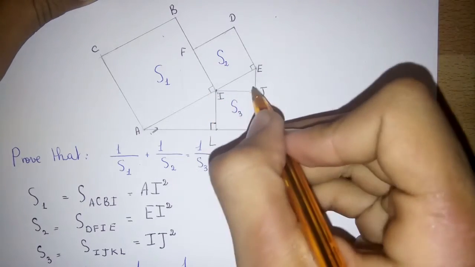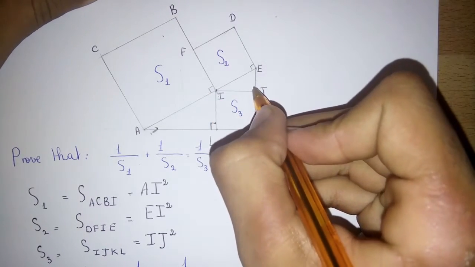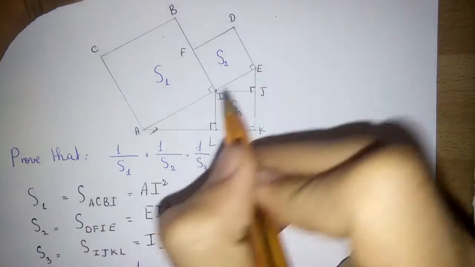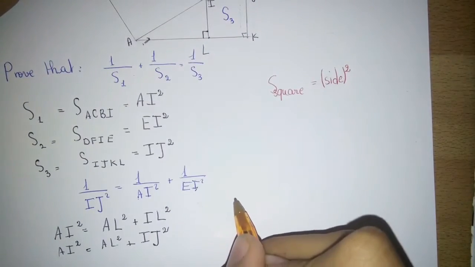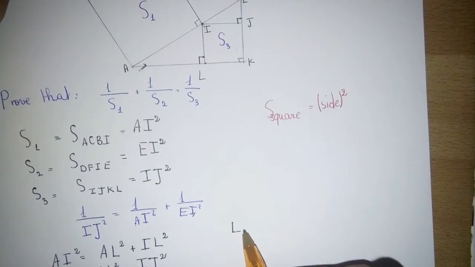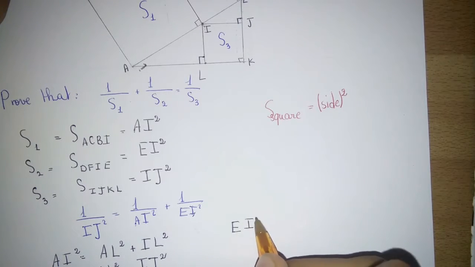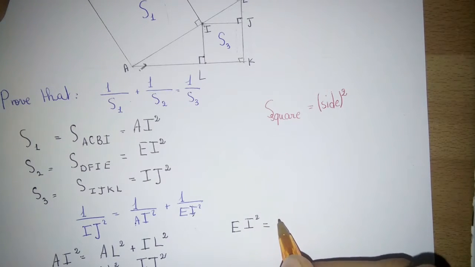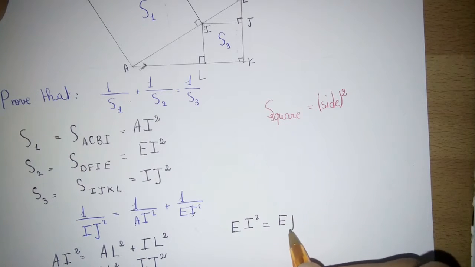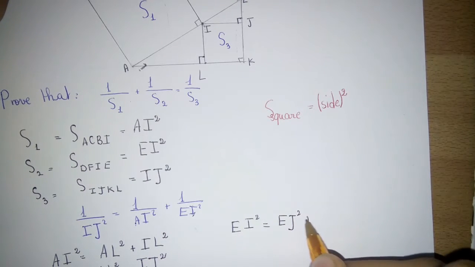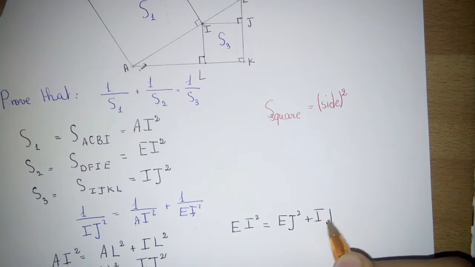And the same thing is true for EI. We have a right angle triangle at the point J. So the Pythagorean theorem says that EI squared equals EJ squared plus IJ squared.